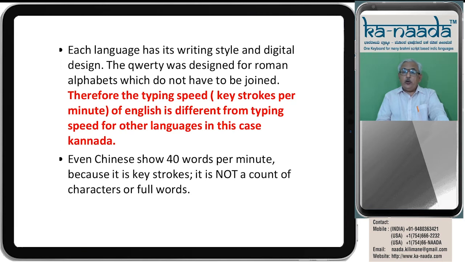Even Chinese shows a speed of 40 words per minute, but there are no special characters there. Chinese has got only keystrokes. Therefore, the measure words per minute refers to the character keystrokes and not to full words as in a sentence.